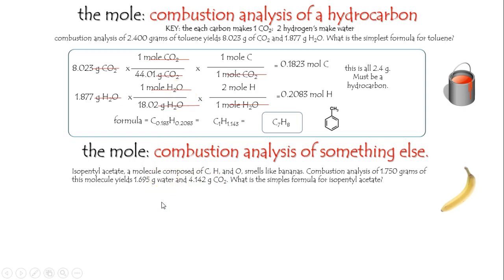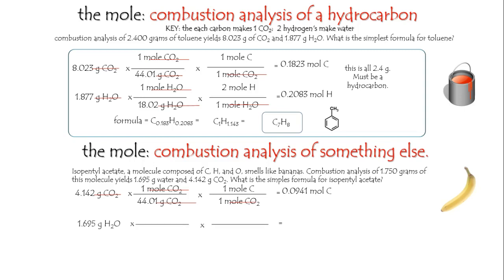Find out how much oxygen, I should say, was present in the original sample, and do a last calculation for oxygen, giving us C, H, and O. Starting with 4.142 grams of carbon dioxide, it's a little less than a tenth of a mole, since 44 grams is a mole, and it doesn't change when we realize that it came from the same number of moles of carbon, since they both contain 1, giving us carbon. Put it as a subscript, C 0.0941.